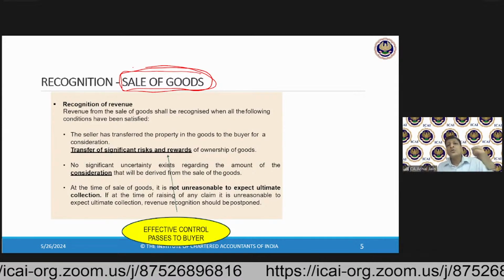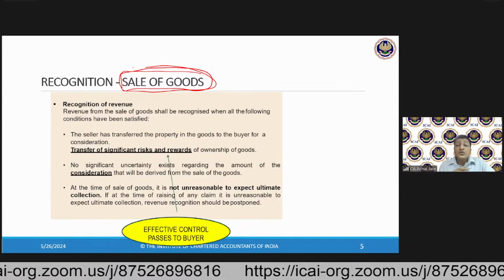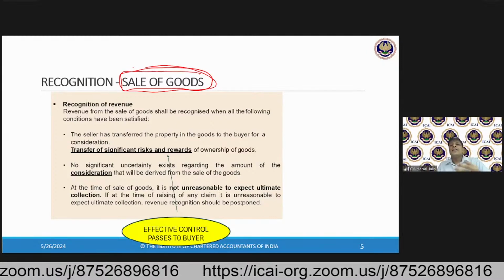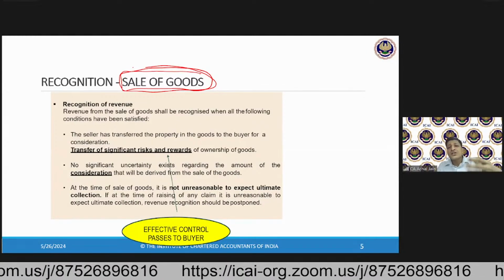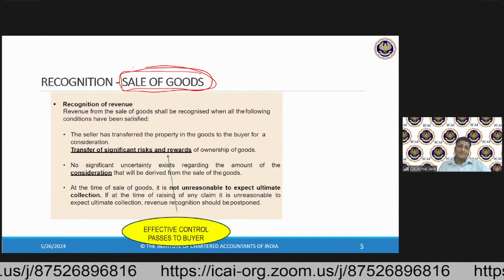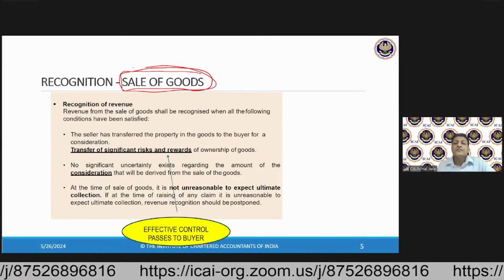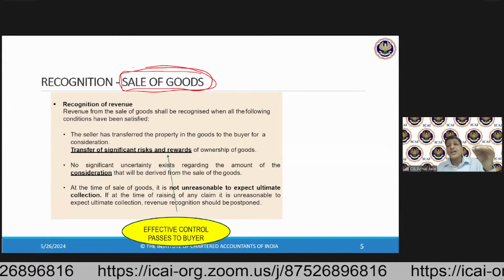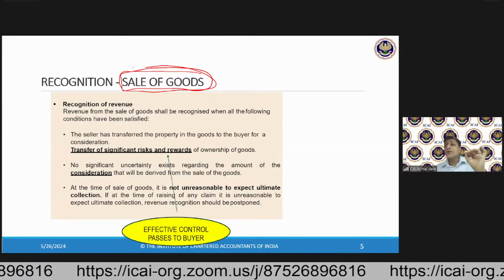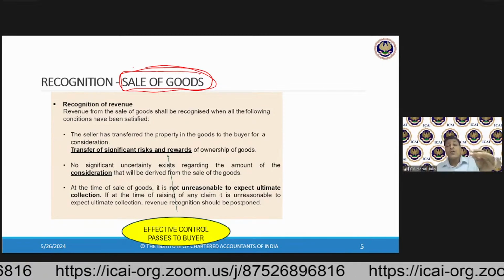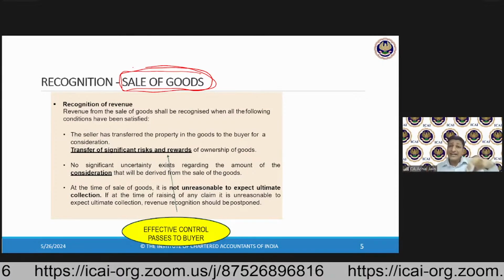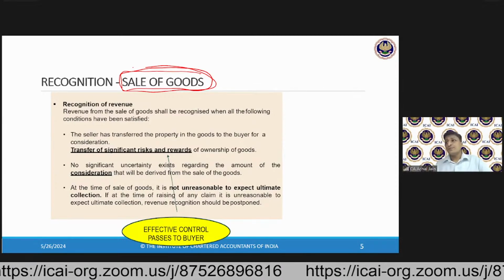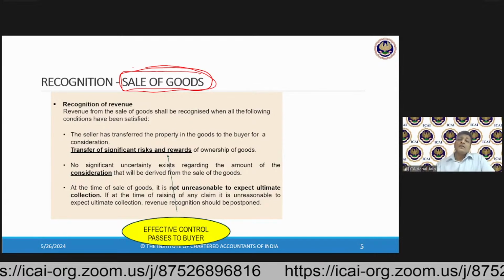Number two, there should not be any significant uncertainty regarding collection of consideration from the customer. So these two are the most important considerations for an entity to look into while recognizing revenue.